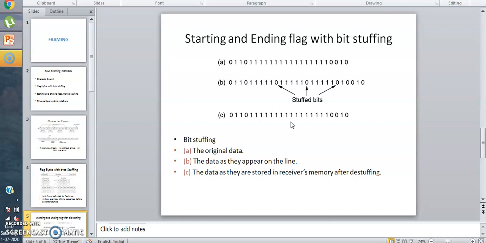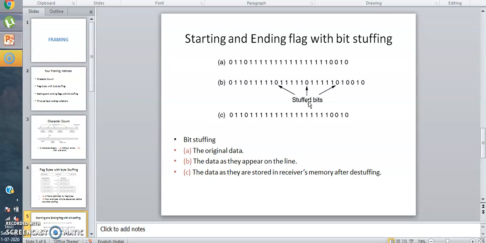If the user data contains the flag pattern 0 1 1 1 1 1 1 0, it is transmitted as 0 1 1 1 1 1 0 1 0, but stored in the receiver's memory the same as the sender's.